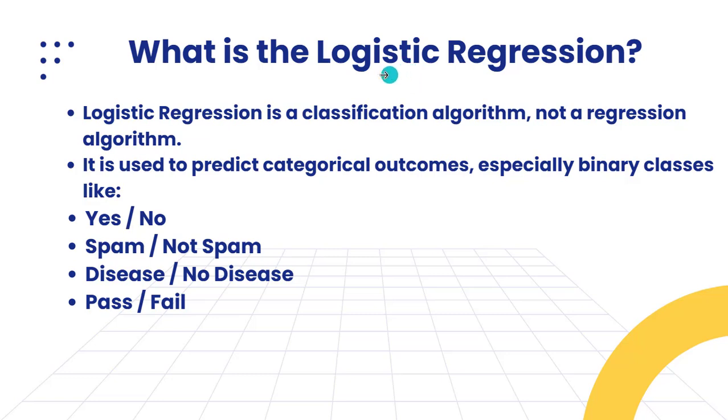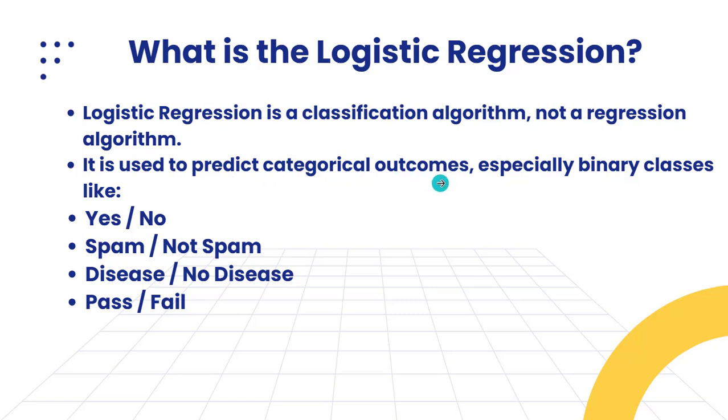But do remember, this is not a regression algorithm. This is used for classification, that means it is used to categorize the input data. So in this we predict the categorical outcome.